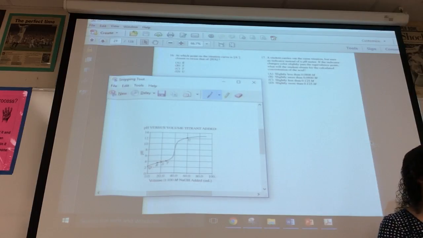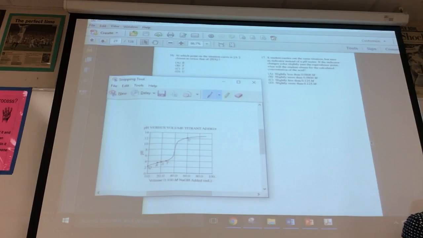So you know you're at A or B, and again, you're down to 2 answers now, which is good. You've got a 50-50 shot, which is better than 1 in 4. So he added a little more base than he should have, correct?